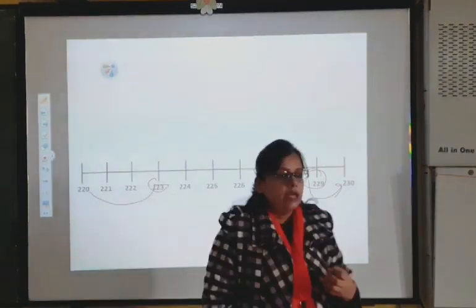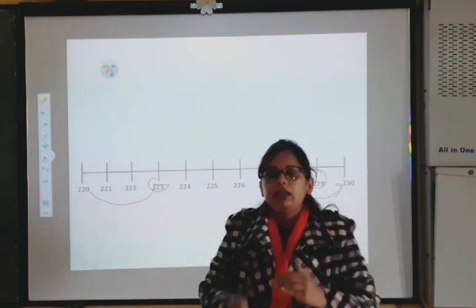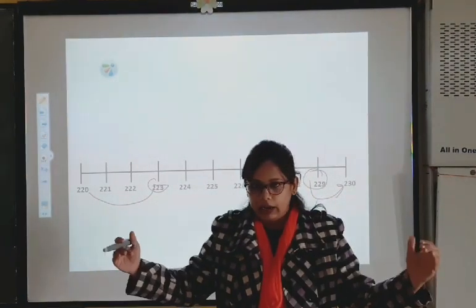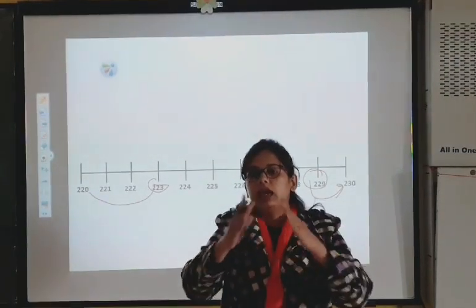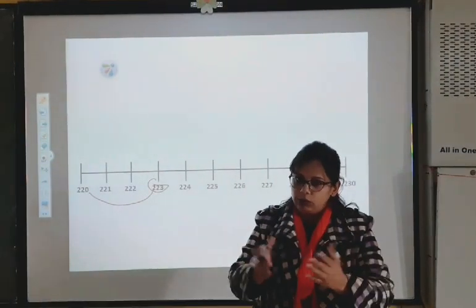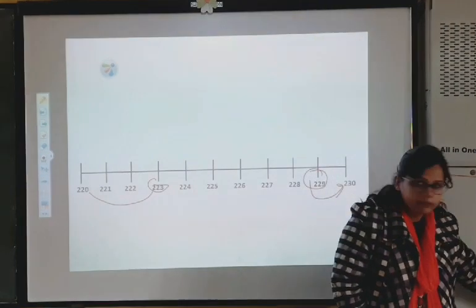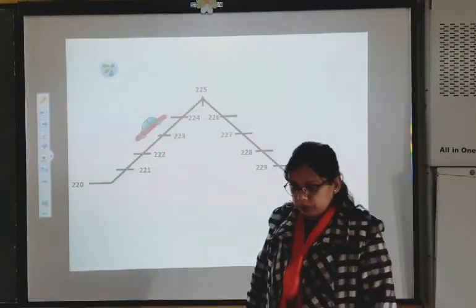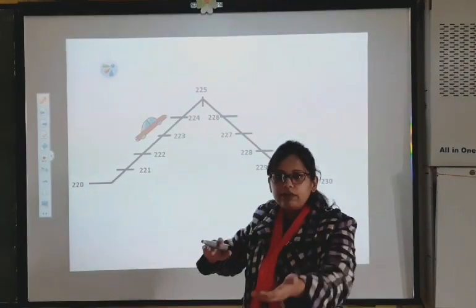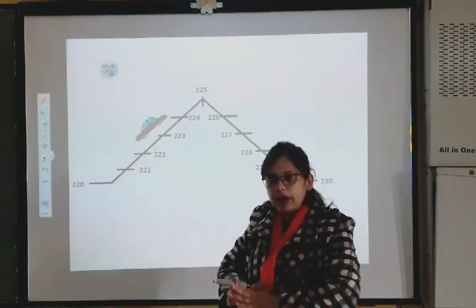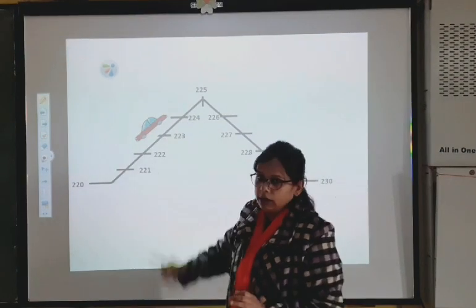How? Let's see. Suppose this number line is not a horizontal line. It is not a straight line. It is in a pyramid, or you can say a triangular shape. Now children, the same number line which you have seen earlier is in the shape of a triangle and this is a toy car.